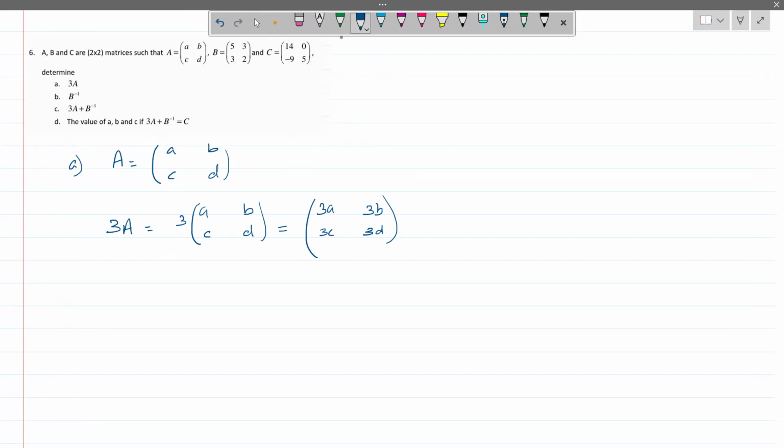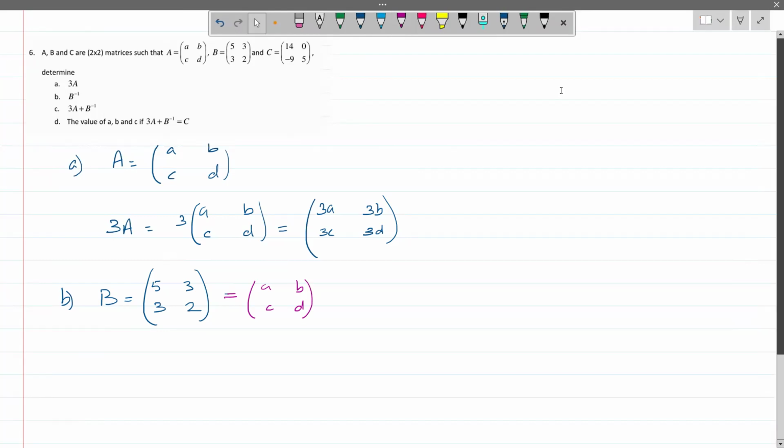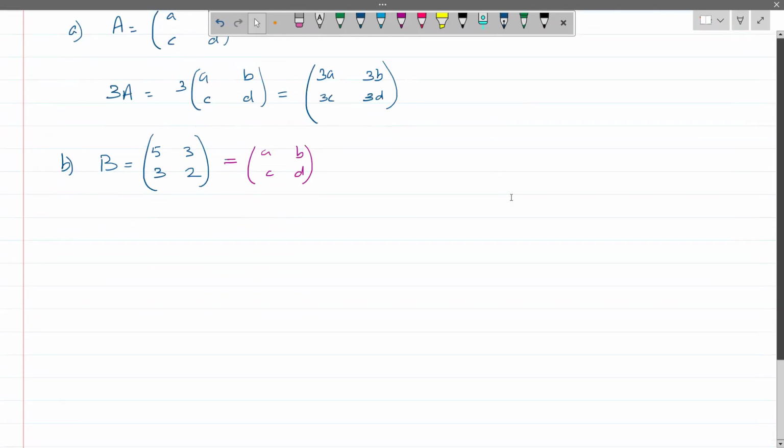Right? Part B. They tell us B is equal to [5, 3; 3, 2]. Now we want to find B inverse, right? I always like to put this equal to [a, b; c, d] as well, because our formula is going to use the letters a, b, c, and d in it.